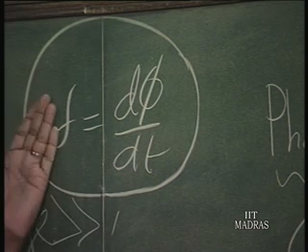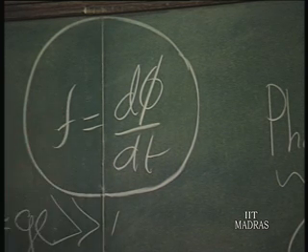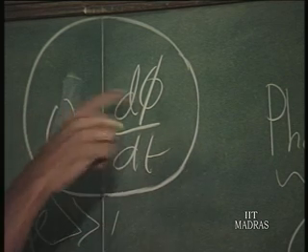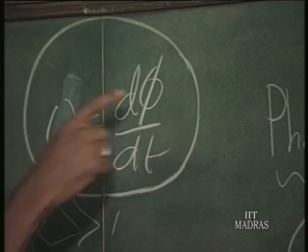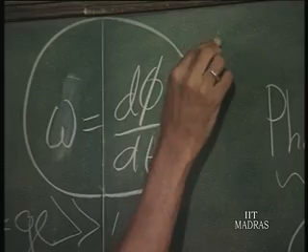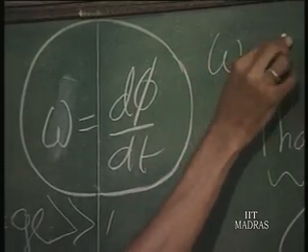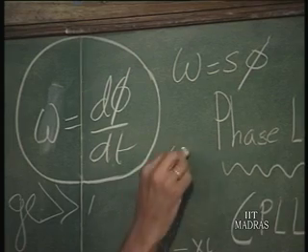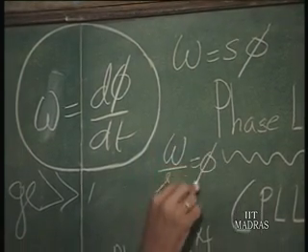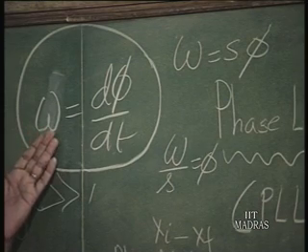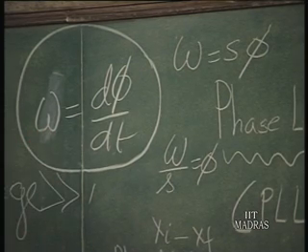Actually speaking, this is omega in radians per second. This radian frequency is nothing but d phi by dt, the rate of change of phase. If you now put Laplace transform, omega is equal to s times phi, or omega by s is equal to phi.